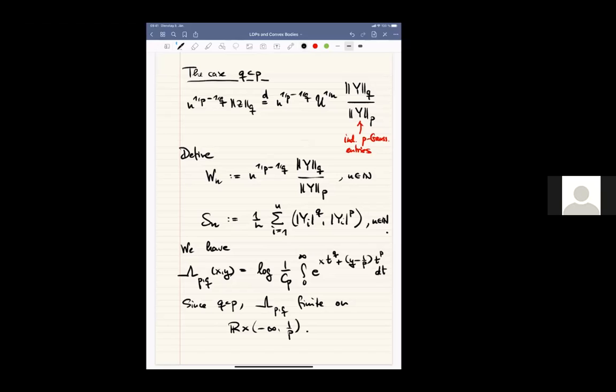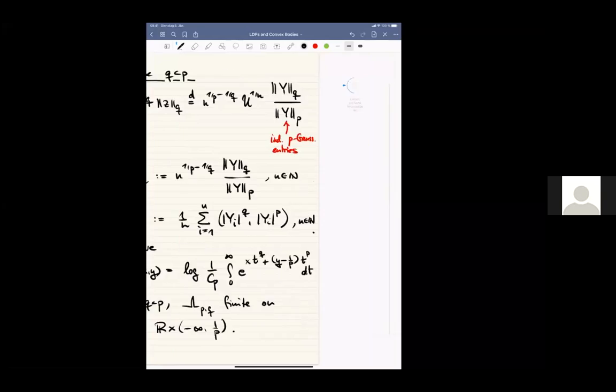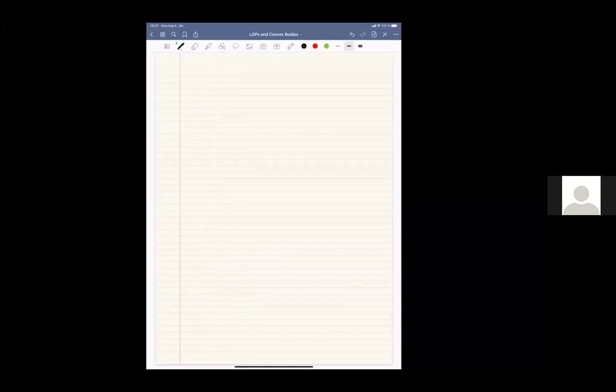It's enough to have it in a neighborhood containing 0. And this is the case because this neighborhood contains 0. So I can apply Cramér's theorem. Remember, Cramér's theorem tells us then that we get an LDP, and the rate function is the Legendre transform.